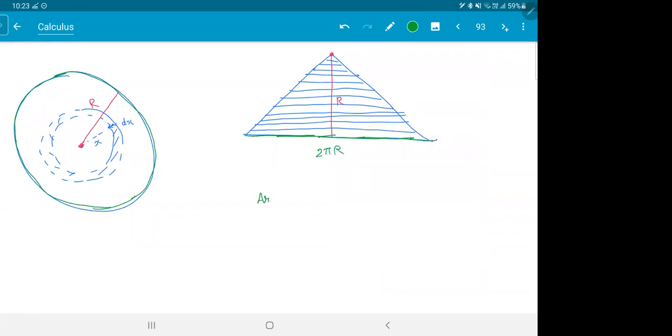What is the area of a triangle? Half base into height. Easy. This was faster. Put this down also.